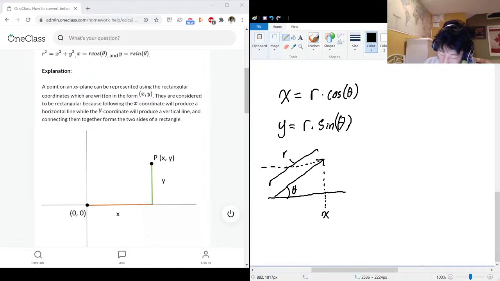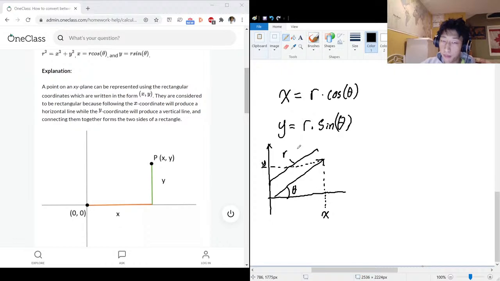And the similar thing for the y. Sine is the ratio between the hypotenuse and the opposite. You see opposite, it's on the other side of the angle. And that's just the ratio between them.